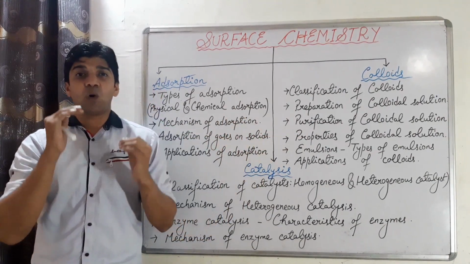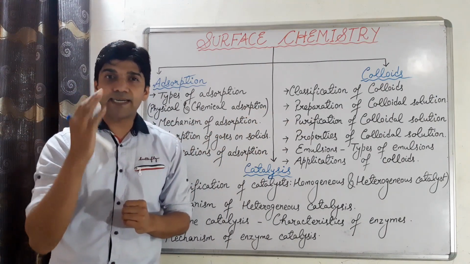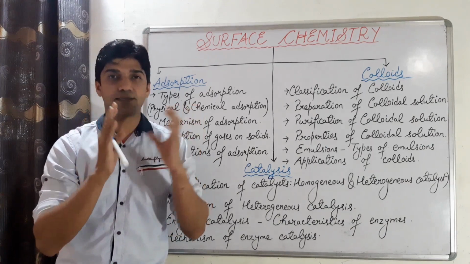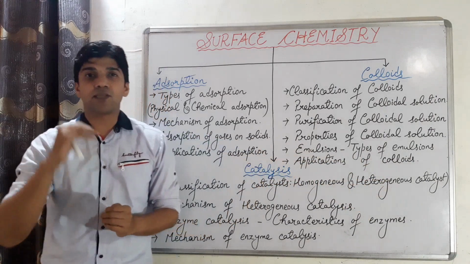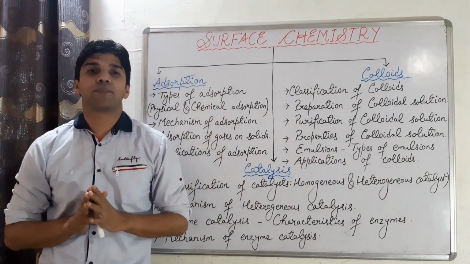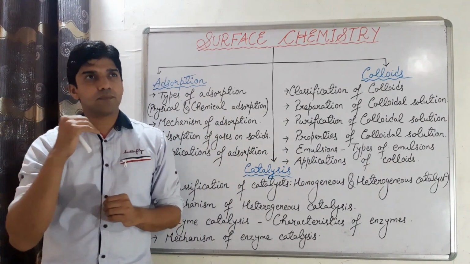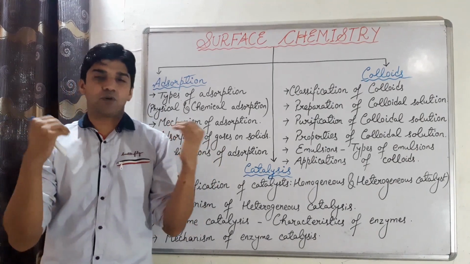Now what is homogeneous catalysis? In which the reactants and the catalyst are in the same phase. And in the heterogeneous catalysis, the reactants and the catalyst are in the different phase. For example, we have sucrose and we are doing hydrolysis of sucrose.